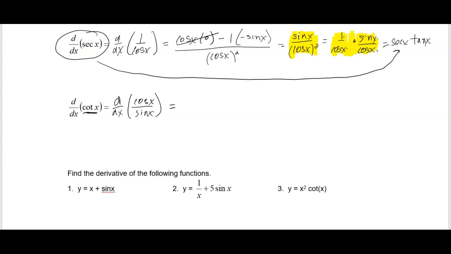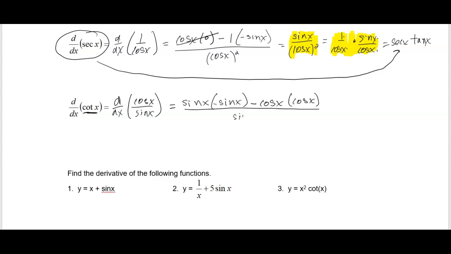If you did, pause me. If not, just follow along. It's our denominator unchanged, times the derivative of the numerator, which is a negative sine, minus the numerator, times the derivative of our denominator, which is the derivative of sine, which is cosine.